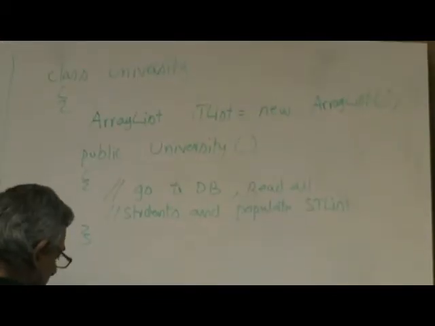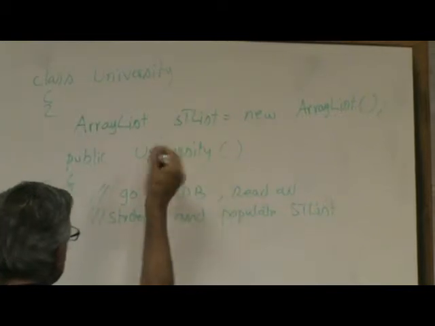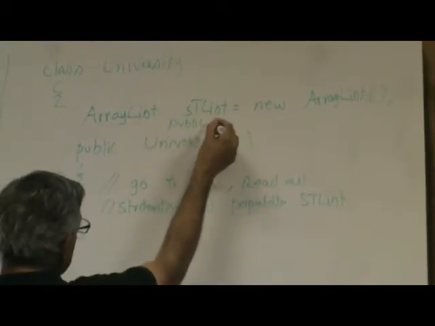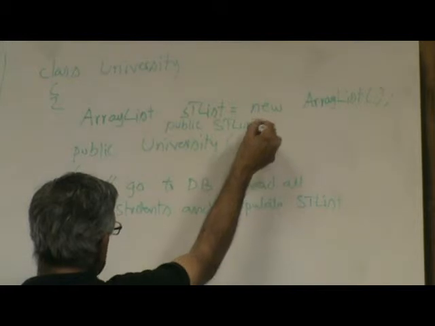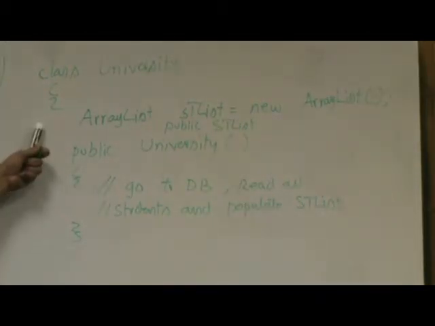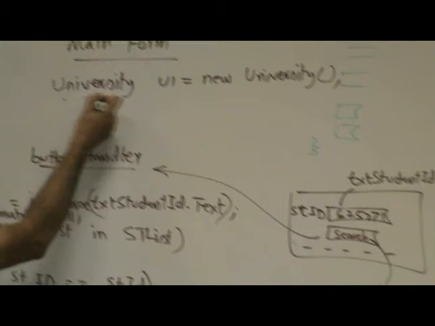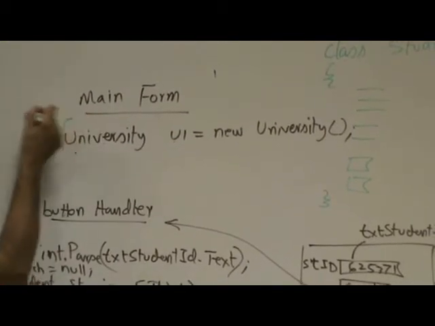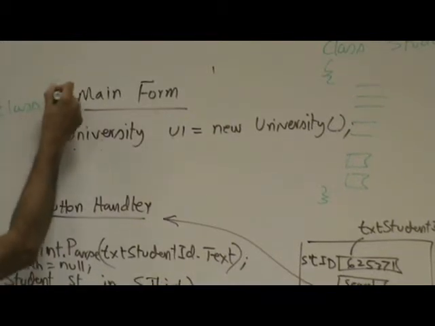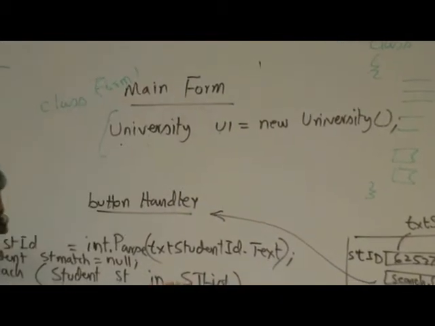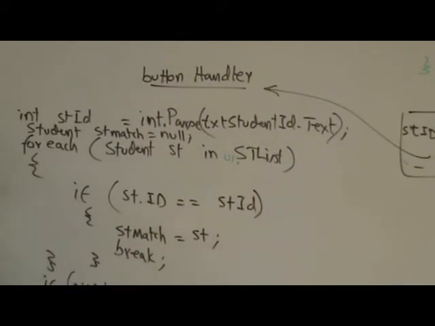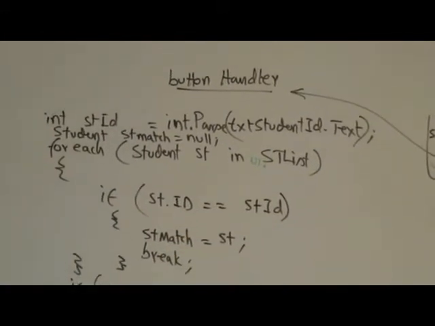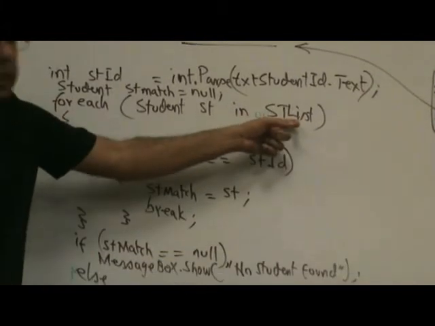Suppose once we created it, it was lowercase st list, and then we have a public property over here, which is called st list. So from outside of this class, we can only access it through the object. So if the university object is created in the beginning of the form, it's available in the class form. Then over here this will be u1 dot, right? Because the university object has the st list.